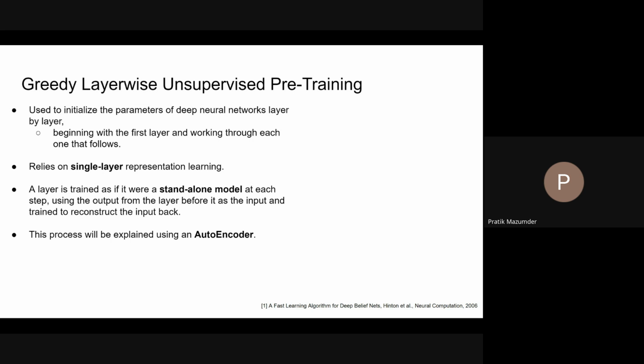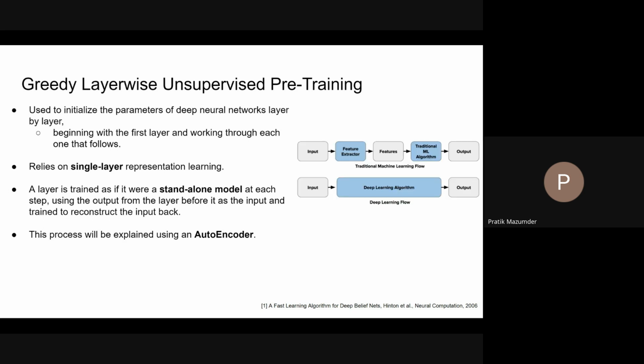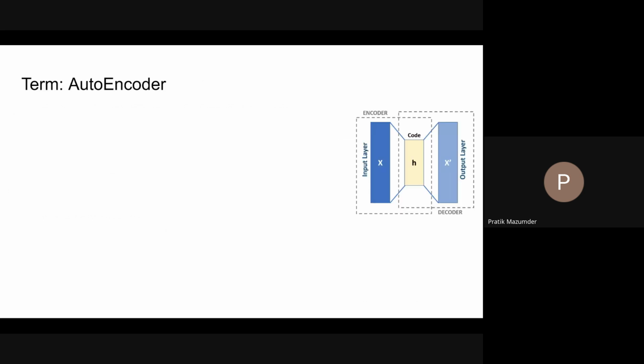We will be explaining this process in terms of an autoencoder, so I'll briefly discuss some of the terms involved in this setup. The autoencoder, as the name suggests, performs some sort of an encoding operation. In terms of architecture, it has an encoder as well as a decoder. The encoder will reduce the dimensionality of the given input, and the decoder will try to reconstruct the input at the output layer.